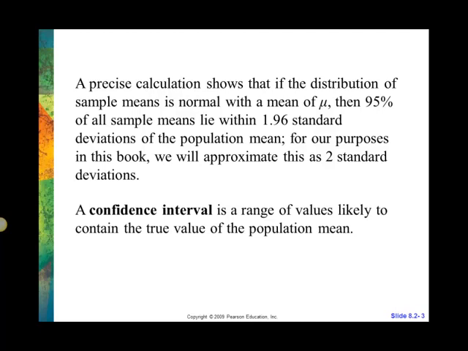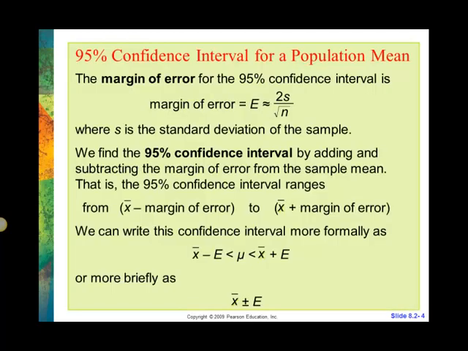Because it's a little more than 95%, we're estimating it at 95%, and 2 is an easier number to use than 1.96. So if we're 95% confident that a mean is inside an interval of sample means, that says that one out of every 20 of them is going to be incorrect and will not actually have the population mean in it.